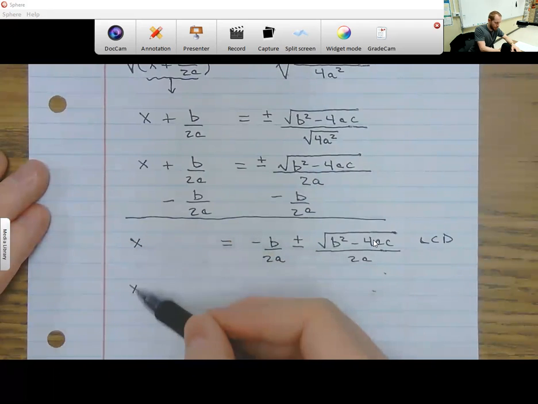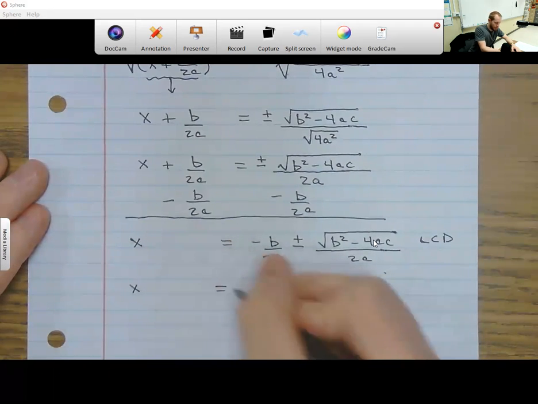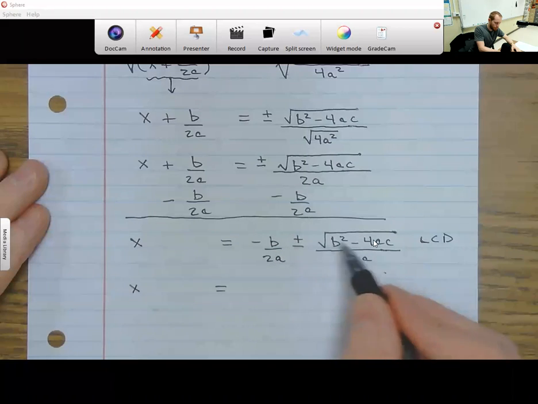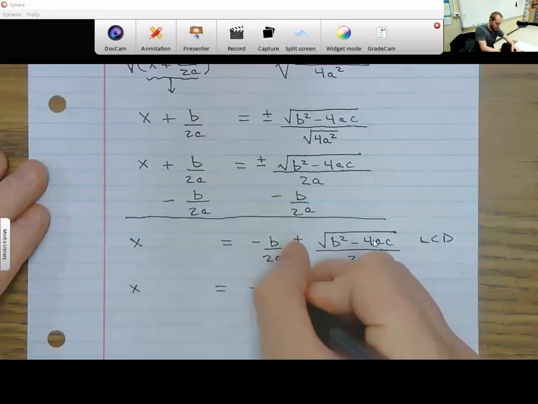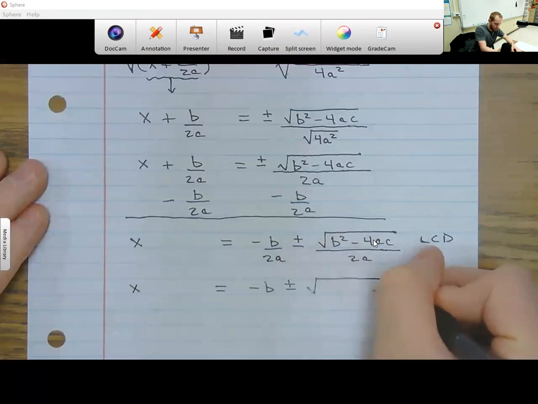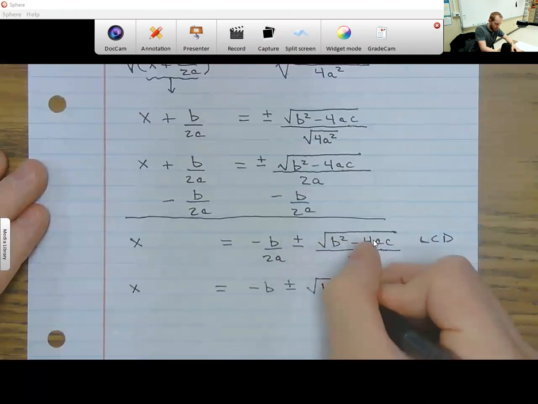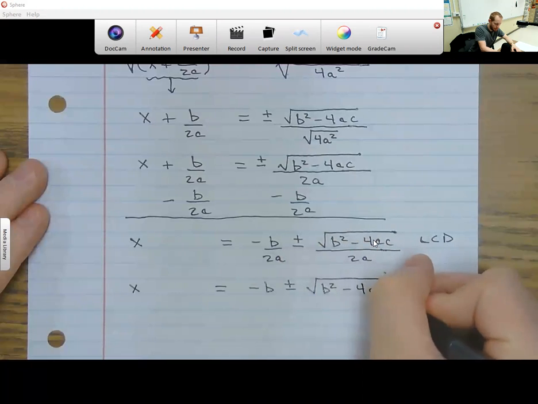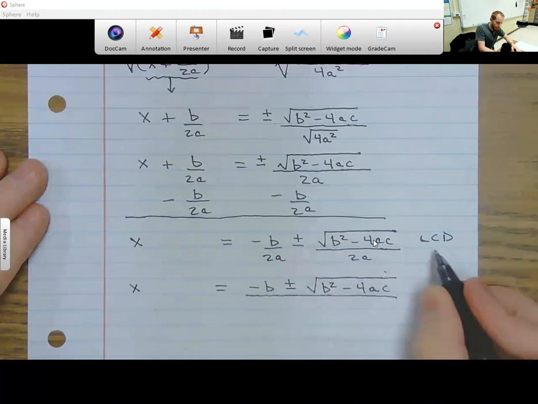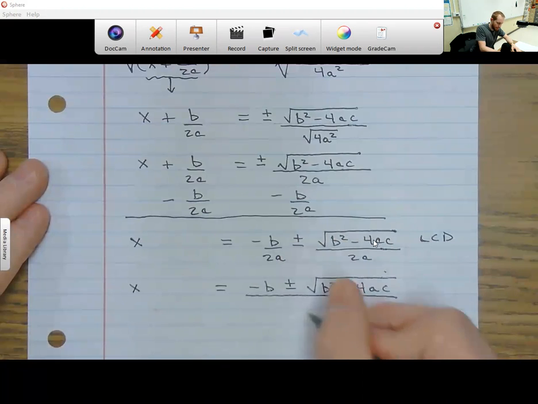This side isn't going to change. But on the other side, I'm going to combine the numerators. So I'm going to have negative b plus or minus the square root of b squared minus 4ac on top. And everything is going to be divided by the least common denominator, right? 2a.